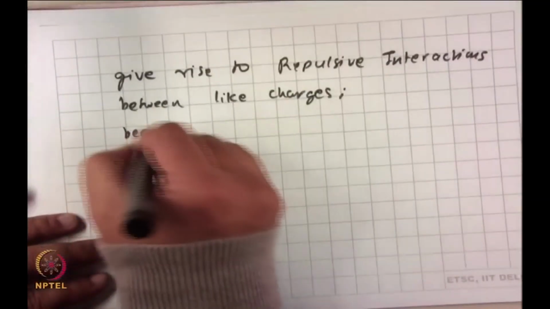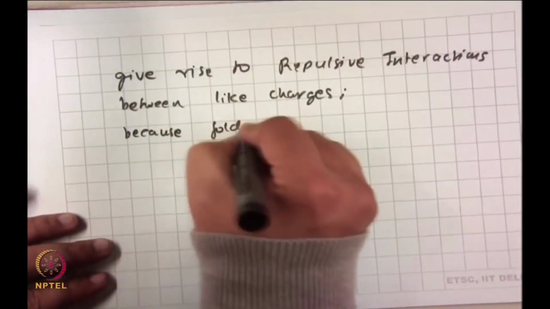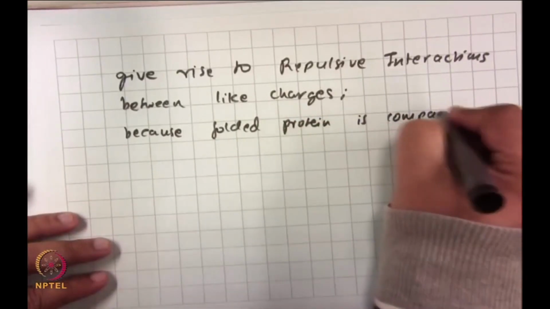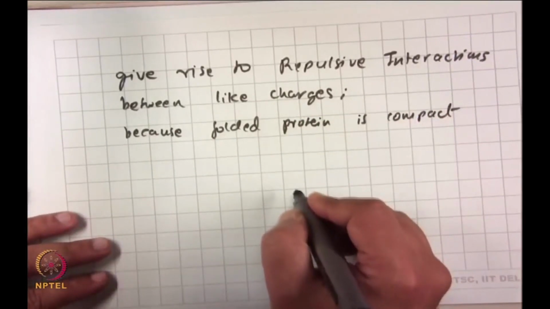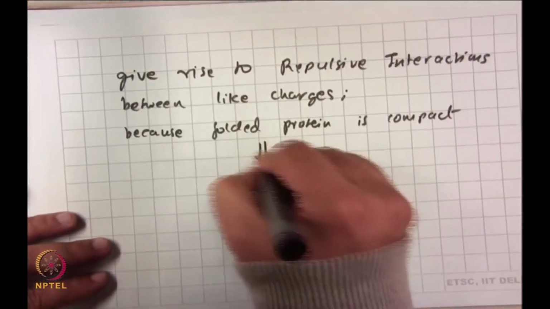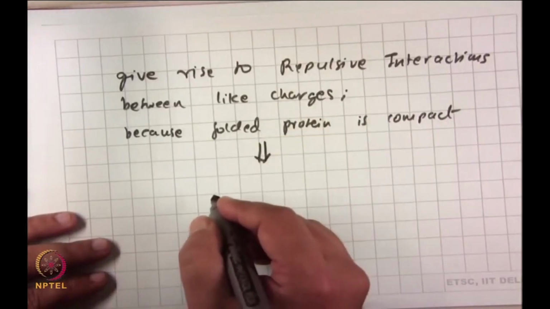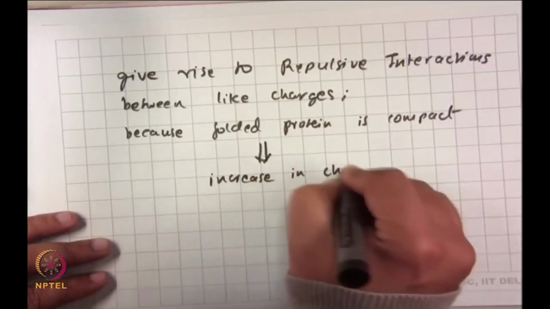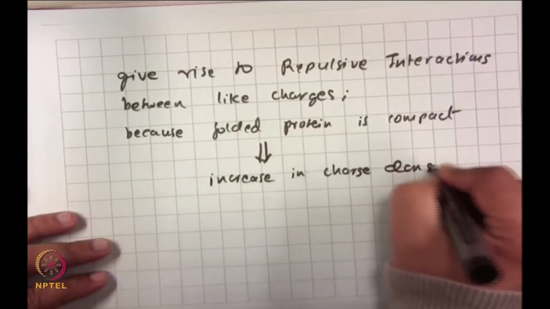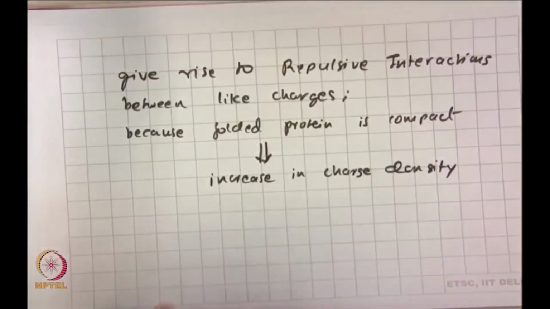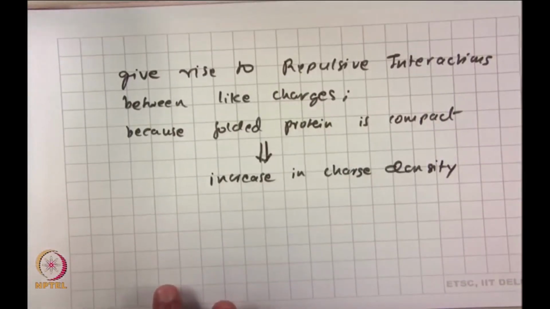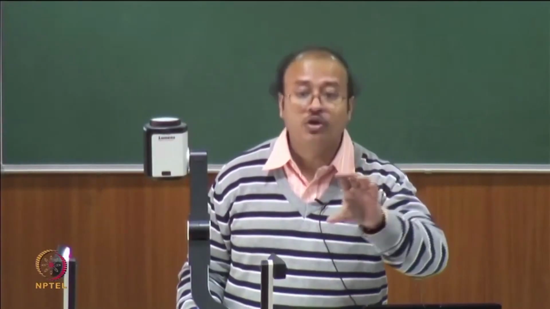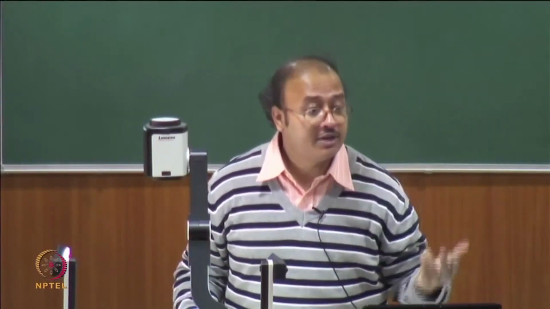Now, because the folded protein is compact, this increase of charges leads to a huge increase in charge density. What do I mean by this? Charge density is essentially the number of charges per unit volume. Your volume of the protein is not changing, that means the protein is remaining in the folded form, but you are increasing the number of like charges.